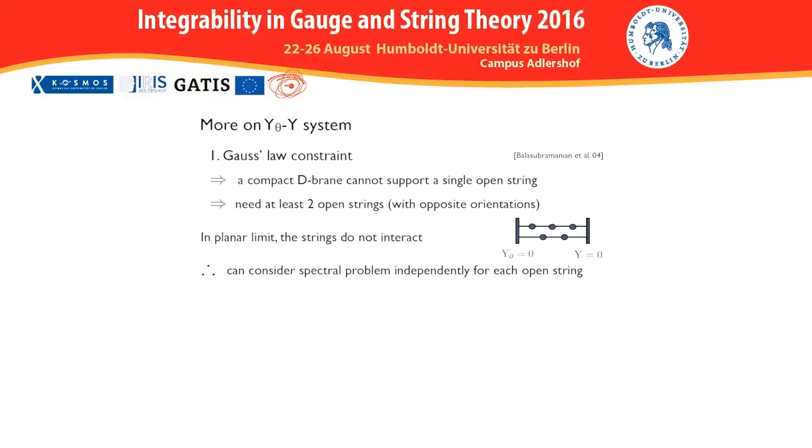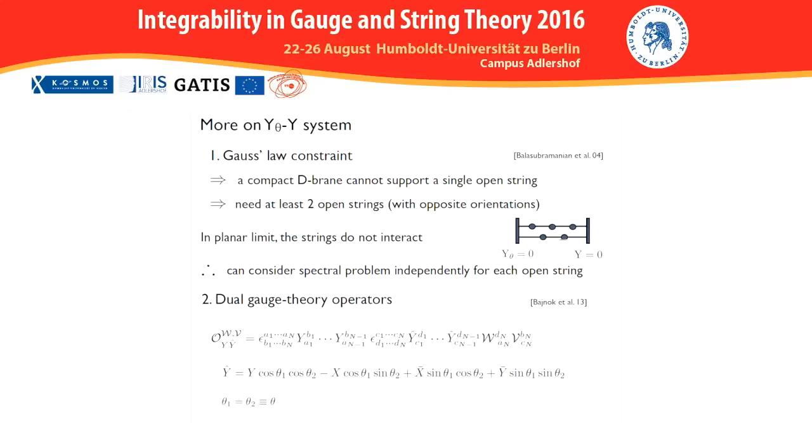If you want the dual gauge theory operators, you really need a dual gauge theory operator corresponding to this picture. It's a little bit complicated, but here it is. Y hat is a linear combination of the fields Y, X, X bar, and Y bar. In principle, you can make two rotations on the two SU(2)s, so theta 1 and theta 2.